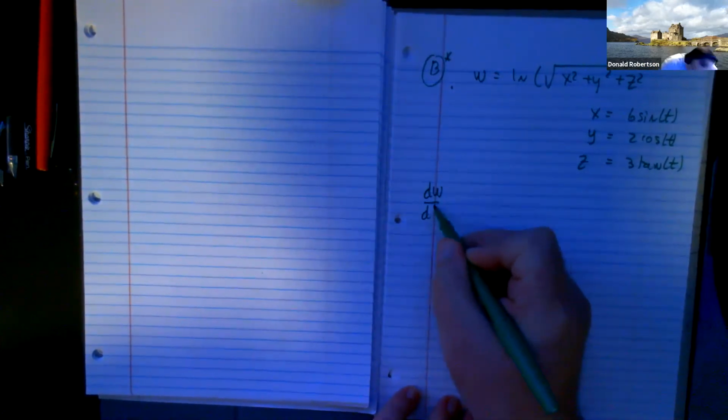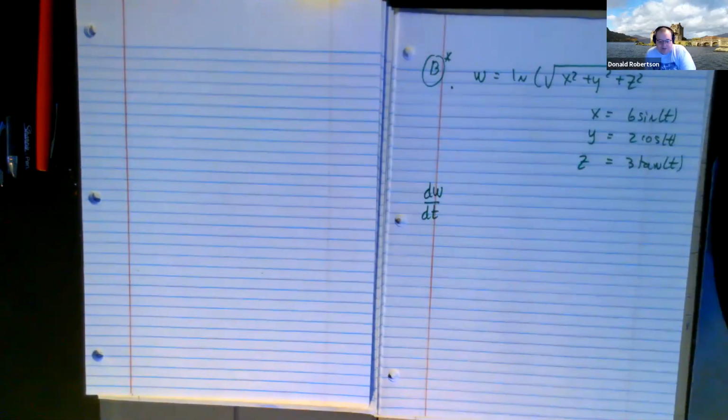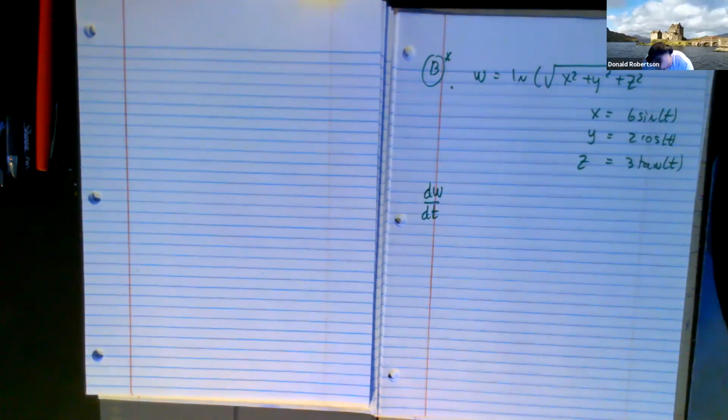And we are only going to be asked in a question like this, why is it dW and not delta W by delta T? Because they're all in terms of T. If I wanted to, which I don't, couldn't I plug all of these in here and just convert that into W as some ugly function of T?